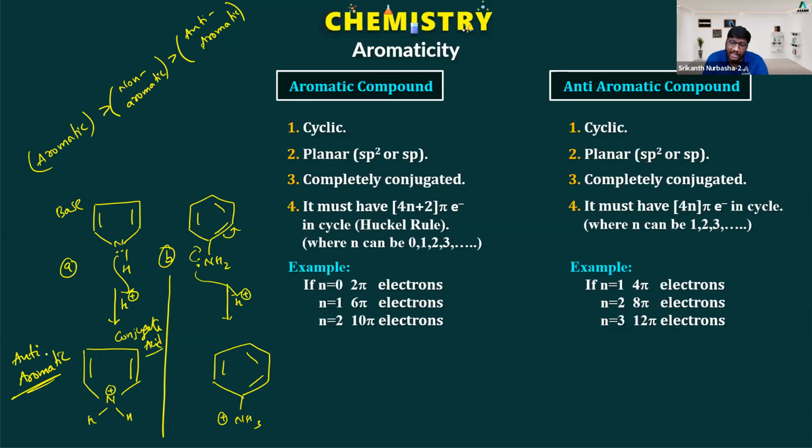The conjugate acid is anti-aromatic in nature. That means the conjugate acid is highly unstable. If the conjugate acid is highly unstable, why will the base attack the H plus? No. That means the base is not attacking the H plus to form a conjugate acid. So this is going to be the weakest base, or poor base.